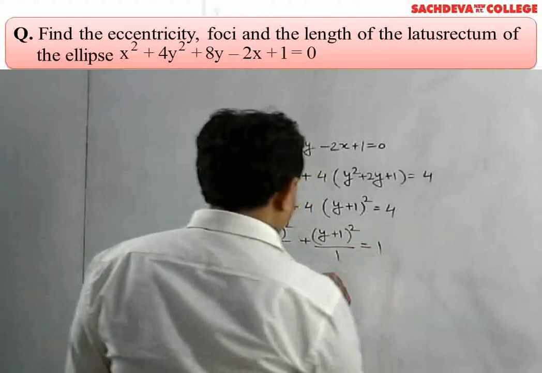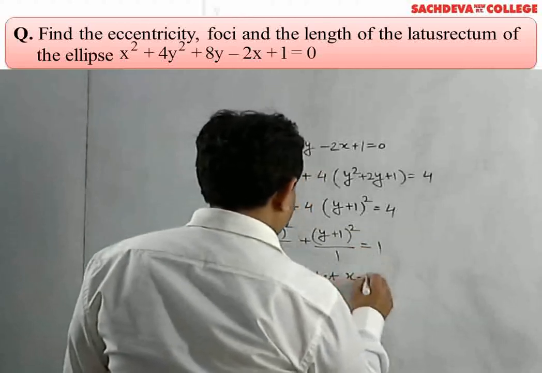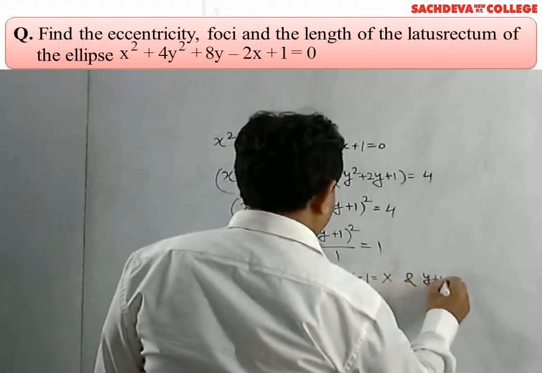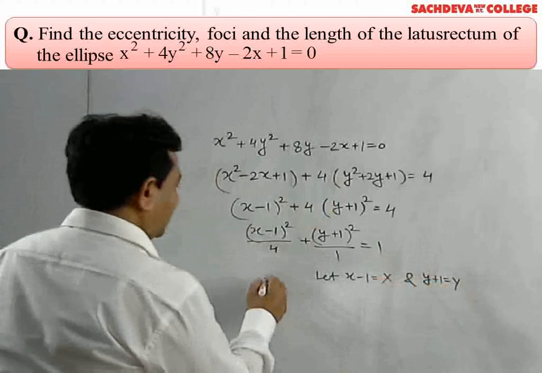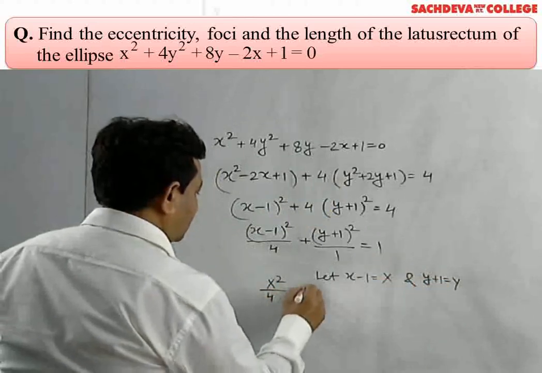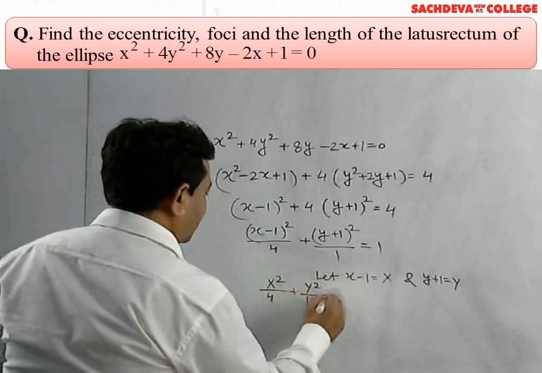So let x minus 1 is equal to capital X and y plus 1 is equal to capital Y. Then the equation will be X square by 4 plus Y square by 1 is equal to 1.